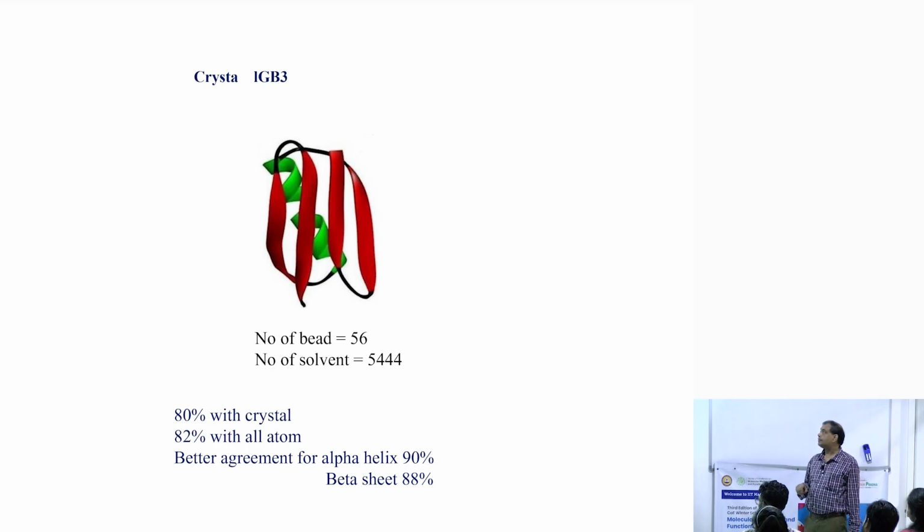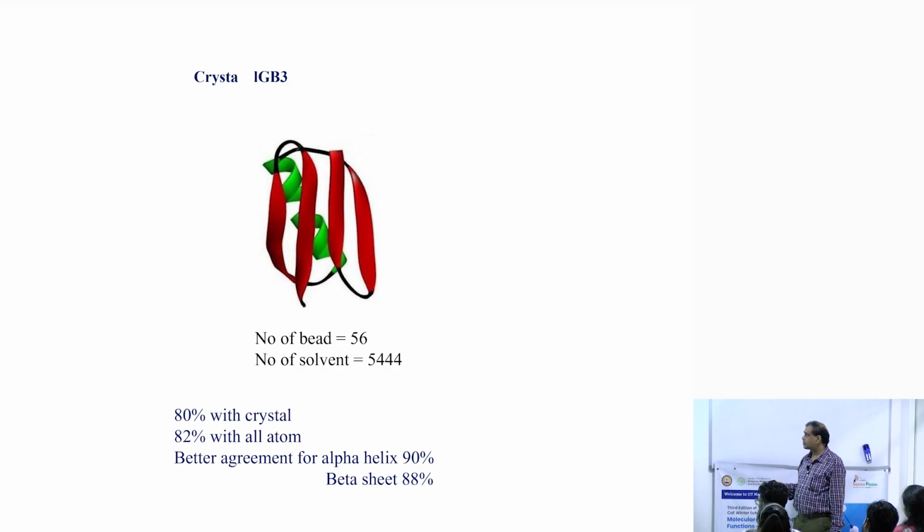Using this algorithm, this is the first example that we have tried. This is a protein called GB3, which is a very simple protein with 56 amino acids, and the crystal structure is pretty well known. This protein is used as a model protein because of its small size, to understand different structural properties of proteins. So for this protein, there are 56 amino acids, so there will be 56 beads.